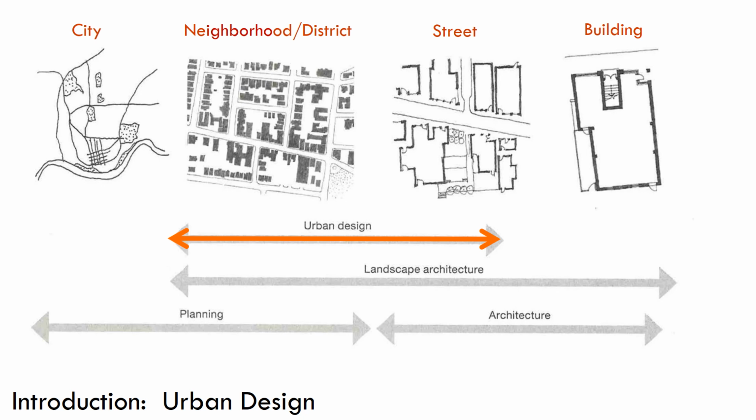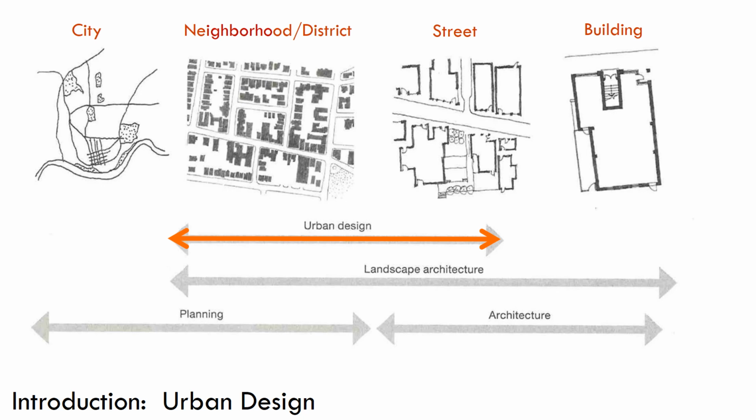So at the top you see a range of scales going from, on the very top left, the citywide scale through the neighborhood district to the street and down to the building. Now if you look at the bottom of the slide, you see that planning has traditionally been working at the scale of the city and the neighborhoods.